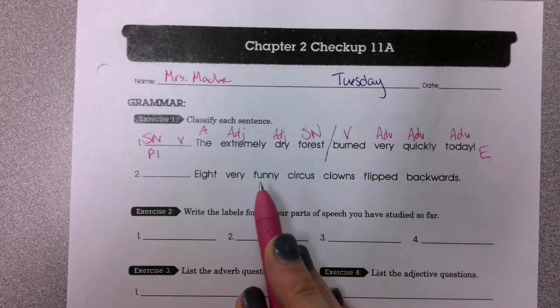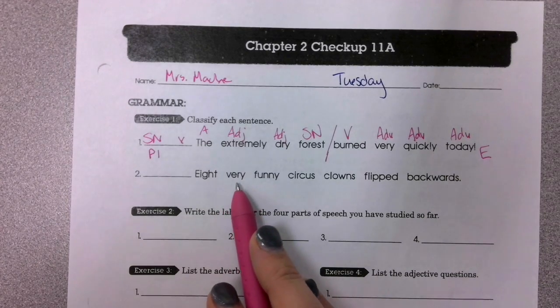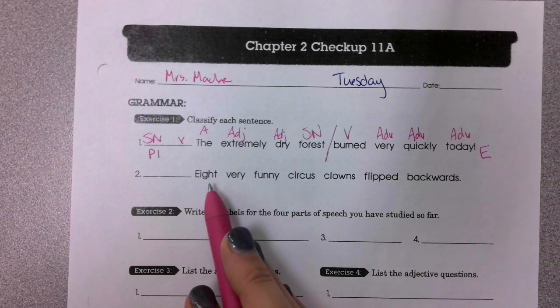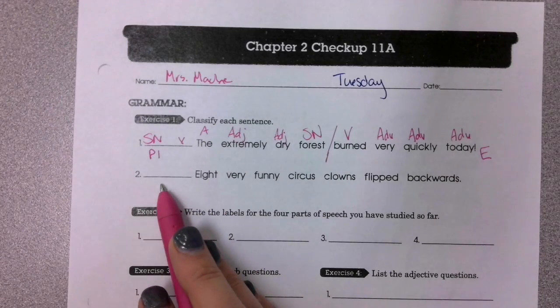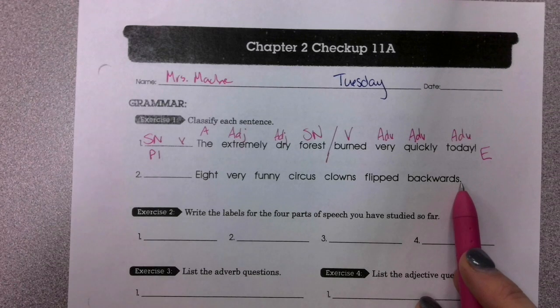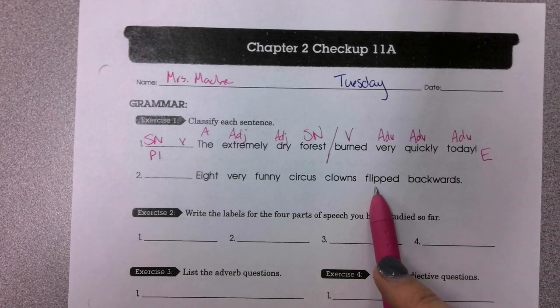What kind of clowns? Funny. How funny? Very funny. How many clowns? Subject, noun, verb, pattern 1. Check. Period, declarative sentence. Period, statement, declarative sentence. Go back to the verb, divide the complete subject from the complete predicate.